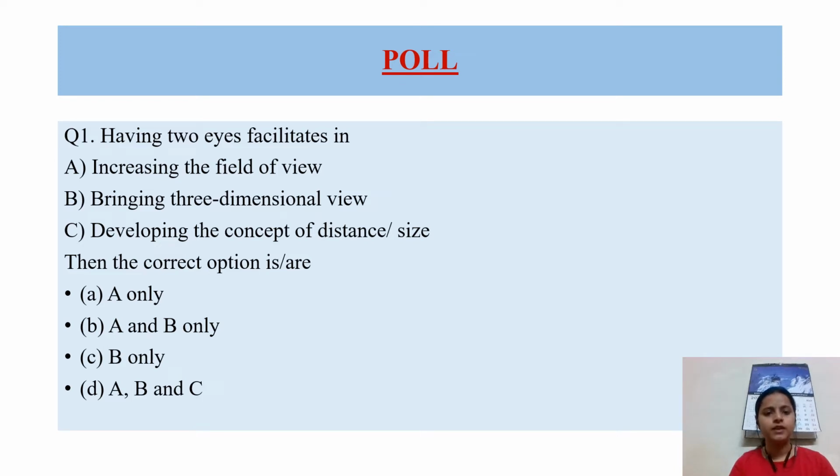So that is why we can say that options A, B and C are right. So yes, the answer is D, option A, B and C. Good. So I hope it's clear to you. Okay, so now let's move further.